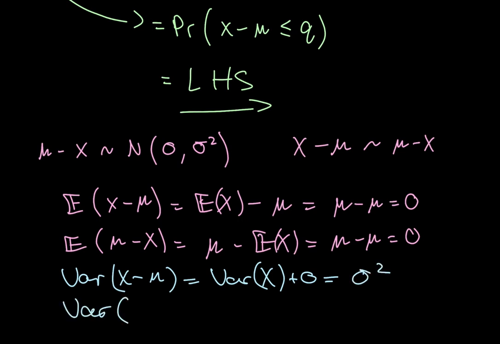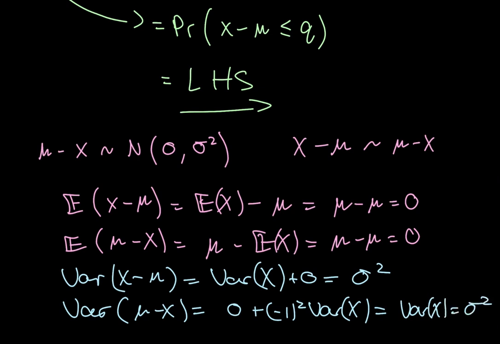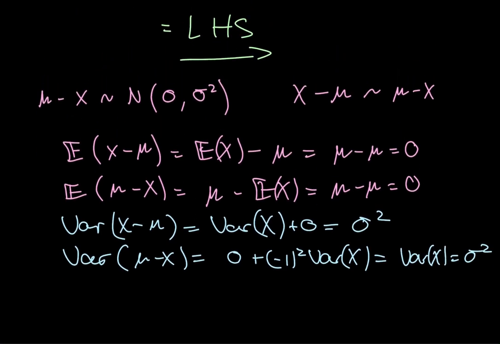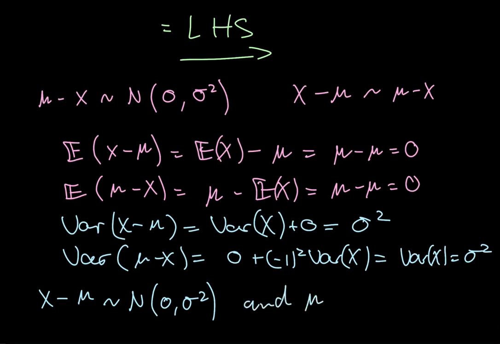The variance of mu minus X is equal to 0 plus (-1) squared, because we take that negative out of the variance and square it, times the variance of X, which equals sigma squared. So in both cases, X minus mu is distributed normally with mean 0 and variance sigma squared, and mu minus X is also distributed normally with mean 0 and variance sigma squared.